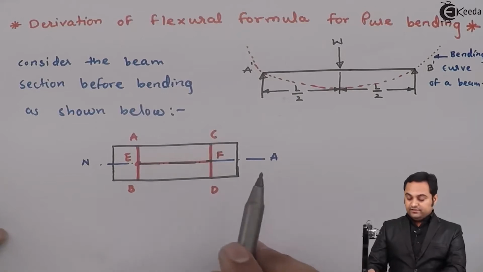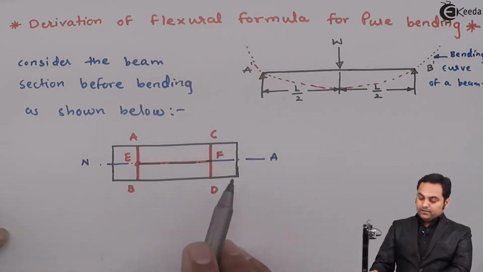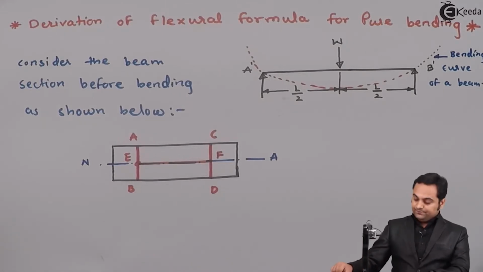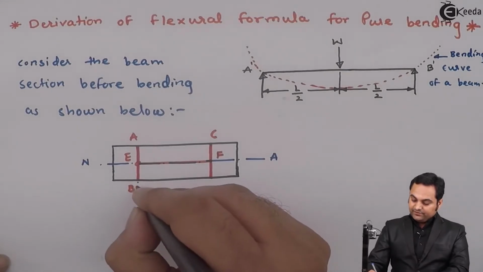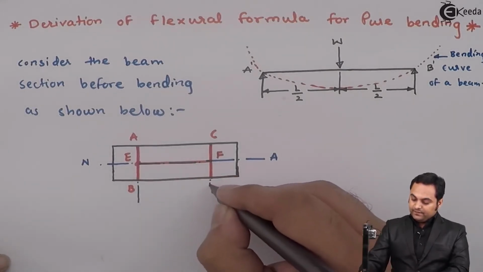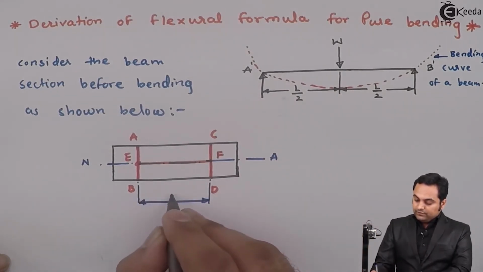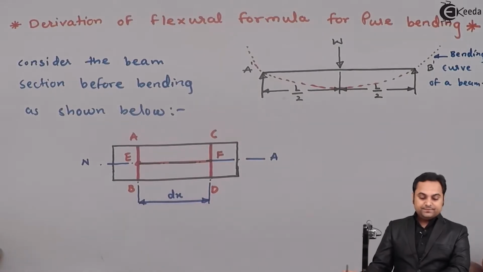So I have taken the section of this beam which is before bending. Now the length of the beam which I am considering, that is between section AB and section CD, is dx.